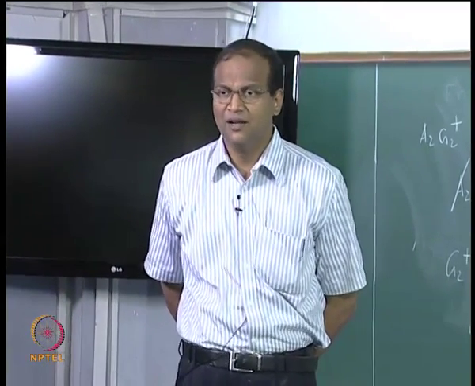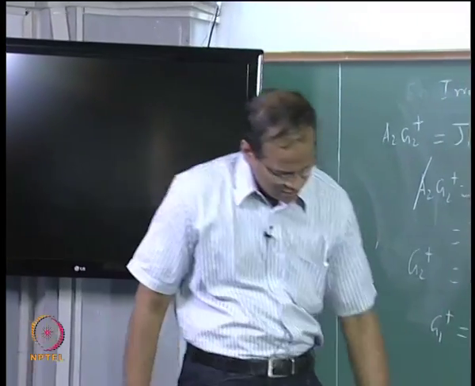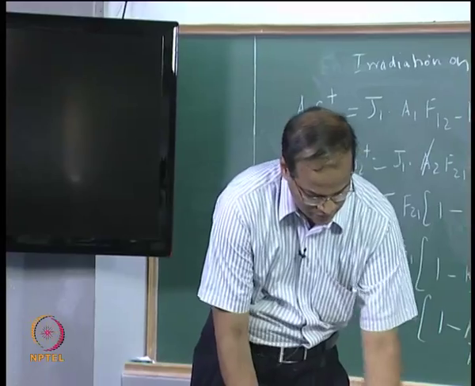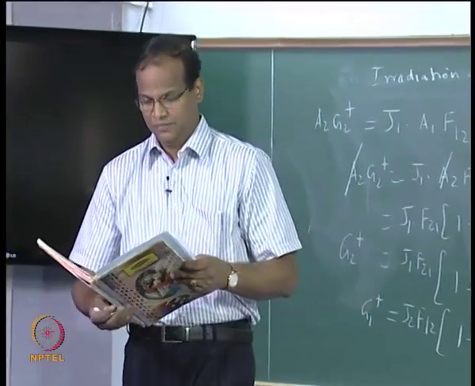The extra term is the emission, the modified term is the Fij tau ij. Is that okay? Fine. And what is the mean beam length for an arbitrary area? 3.5 V by A. Alright.